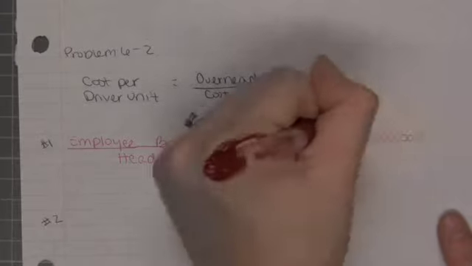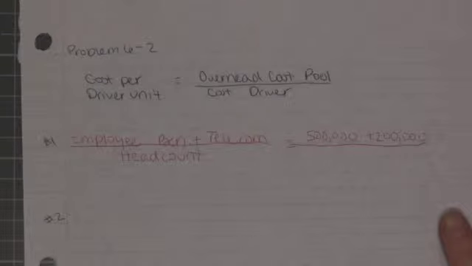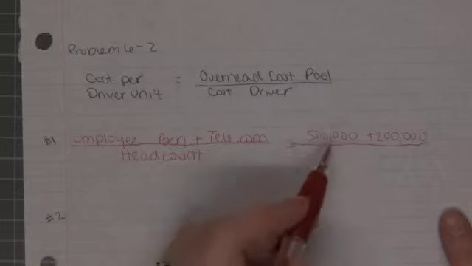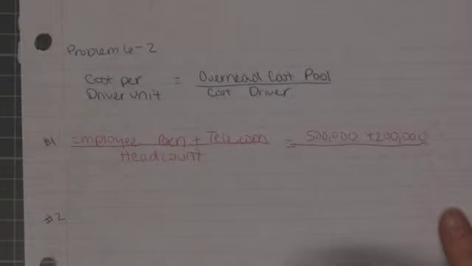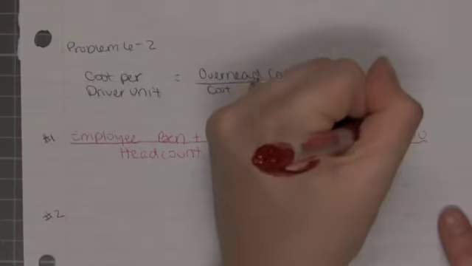Employee benefits was $500,000 for all of the different products, right? We're using the estimated total overhead for each of these cost pools. So that's $500,000 for employee benefits, $200,000 for telecommunications.